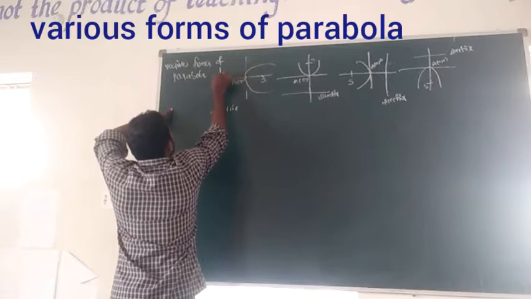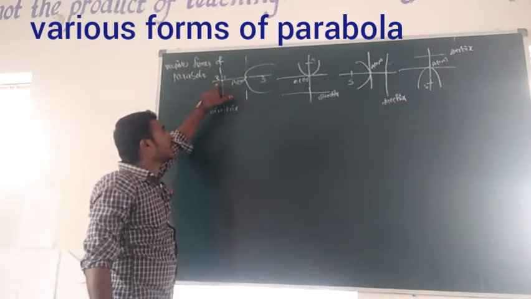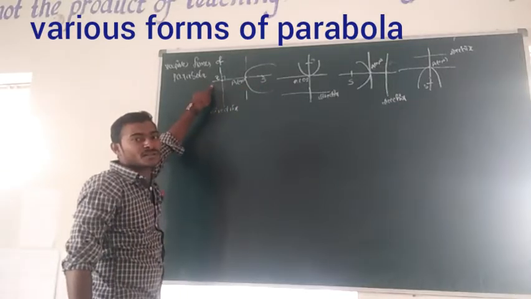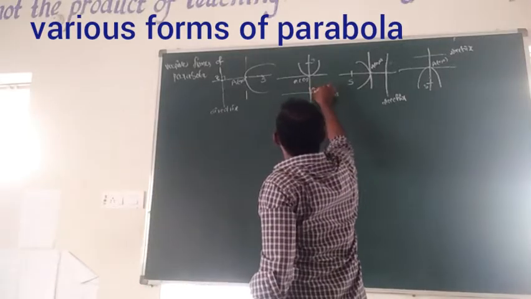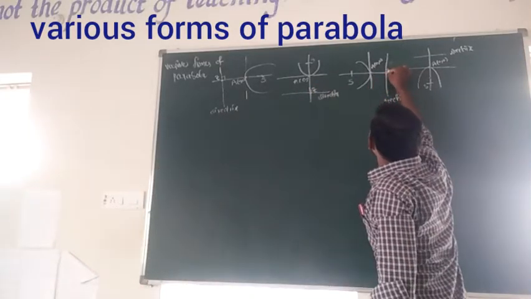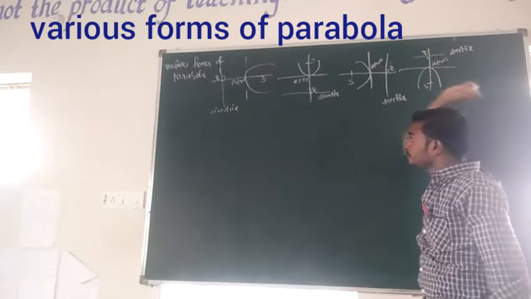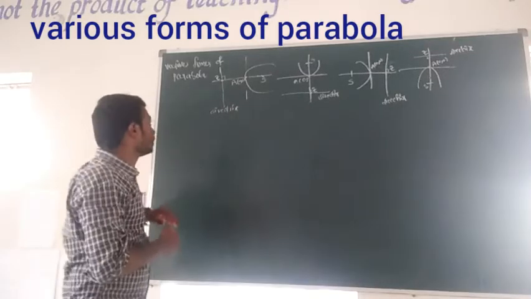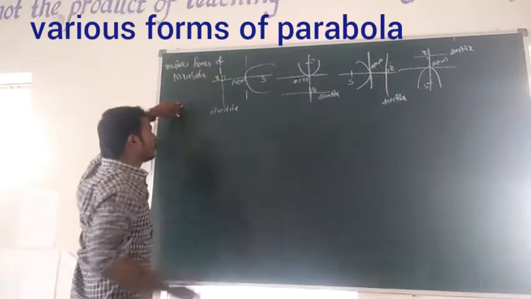Here the foot is Z. The projection of S is called Z. Here the point is Z, here Z, and here Z. So S is the focus, and this is the foot.